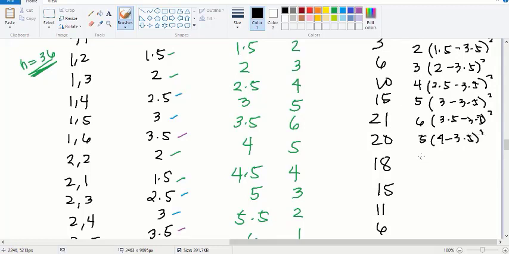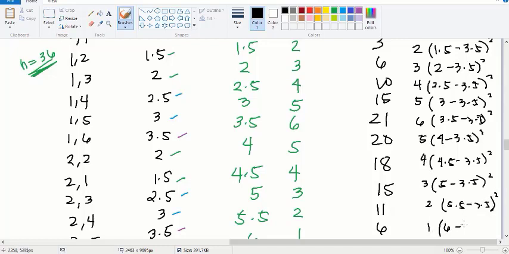And then we have 4 ang frequency, 4.5 minus 3.5 square. And then we have 3 ang frequency, 5 minus 3.5 square. Then we have 2, 5.5 minus 3.5 square. Grabe na talaga ang writing ko. Then we have 1, 6 minus 3.5 square.